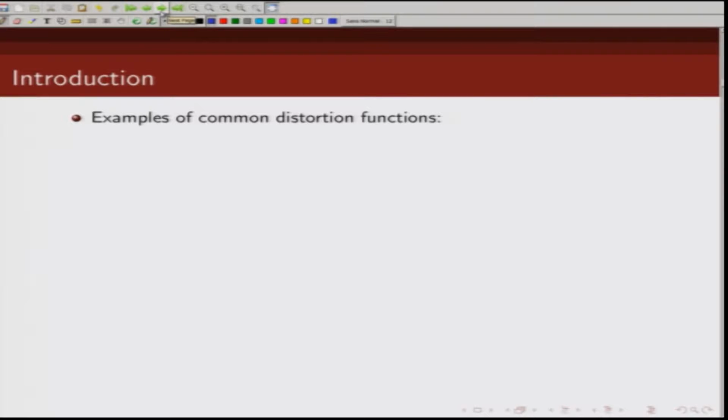Now let us give some examples of common distortion functions. First, the Hamming distortion function. The Hamming distortion measure is defined as follows. When the source alphabet and the reproduced alphabet are the same, there is no distortion, so the distortion is 0.